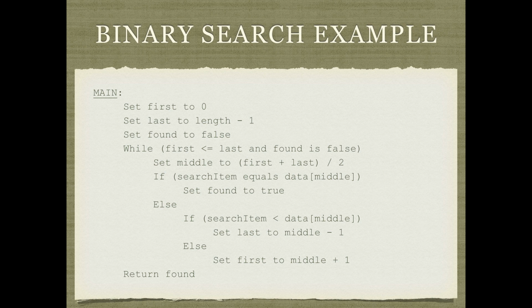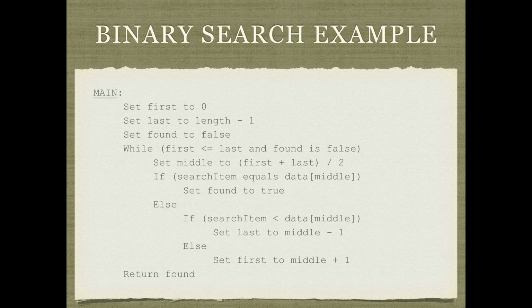So like I said earlier, if the search item is less than the middle value that we're looking at, that means that it is going to be present in the early half of the array. So if it's in the early half, that means that the value of first, being 0, is still good. So we don't have to mess with that. But what we do need to change is the value of last.